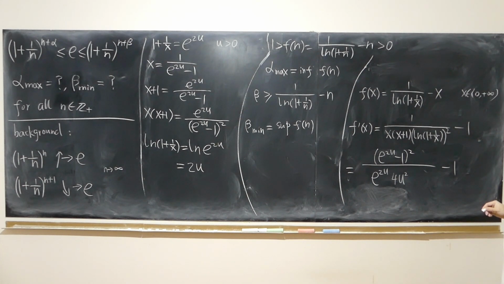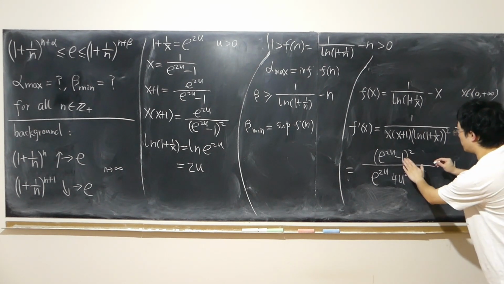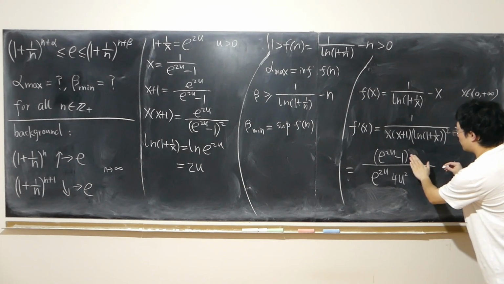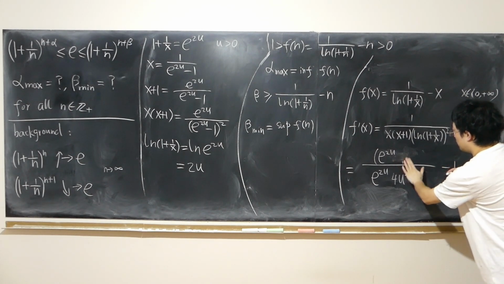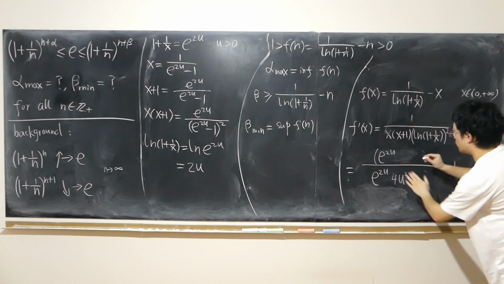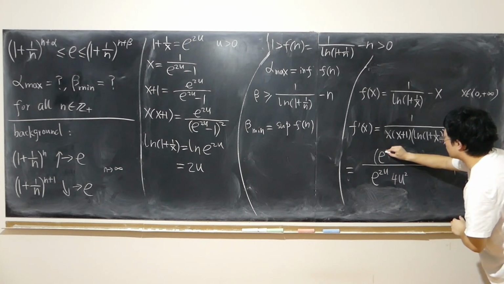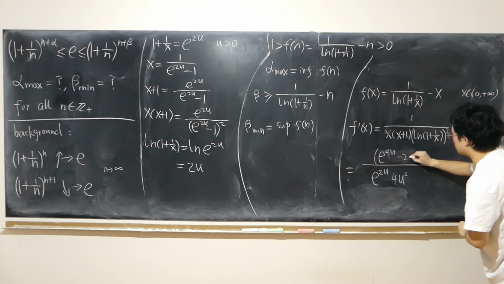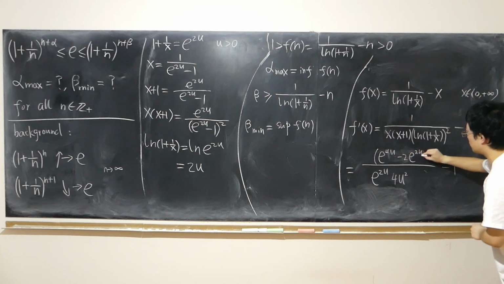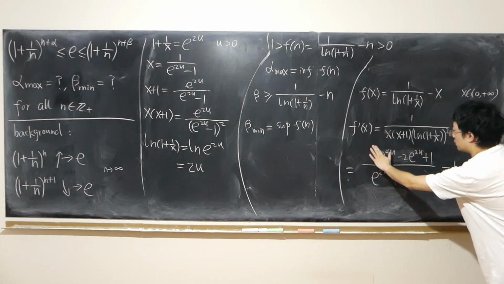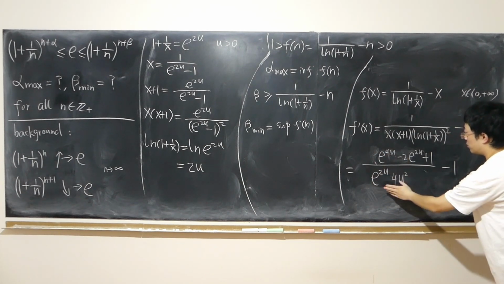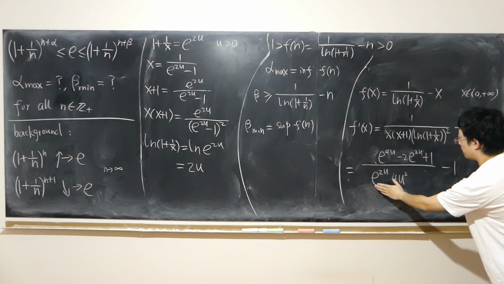And just rewrite it, expand everything. Expand the bracket. I have perfect square e to the 4u minus twice of e to the 2u plus 1, I believe. Then divide by e to the 2u, simplify that.